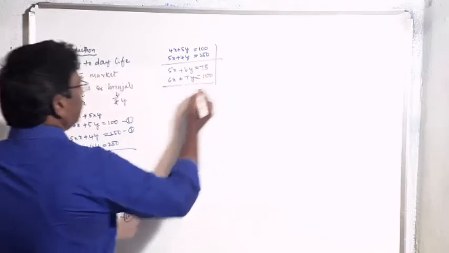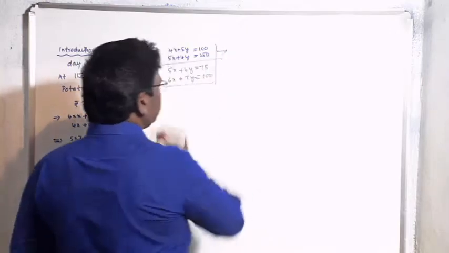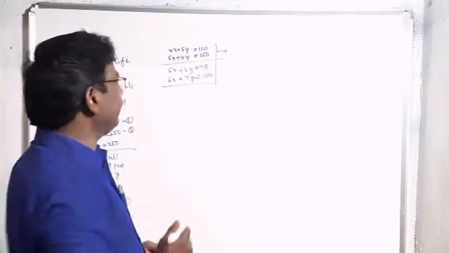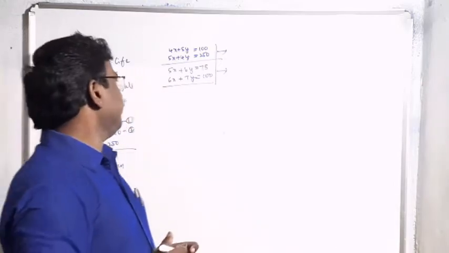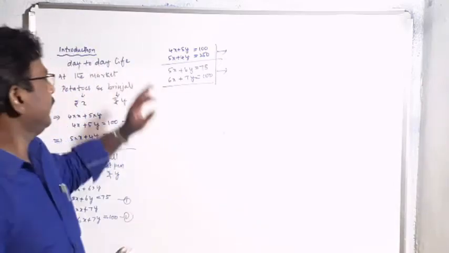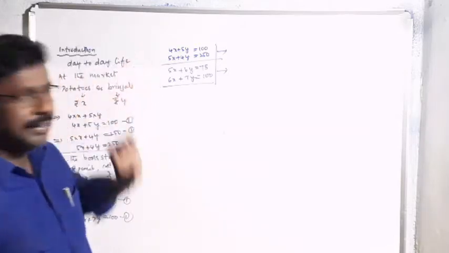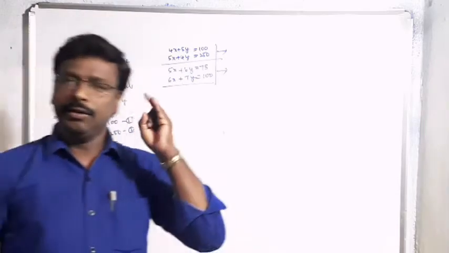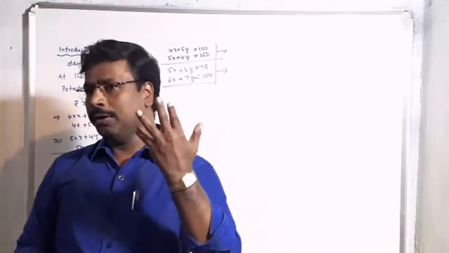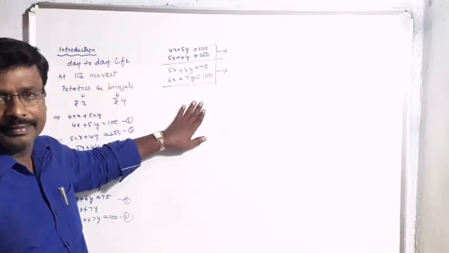So here you are seeing at the market two equations, at the bookstall two equations. The first equations were generated on vegetables, the second two on articles. One is pencil, one is pen. From them you got some equations.